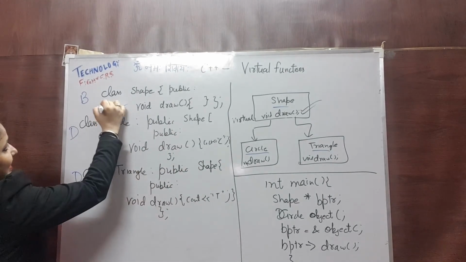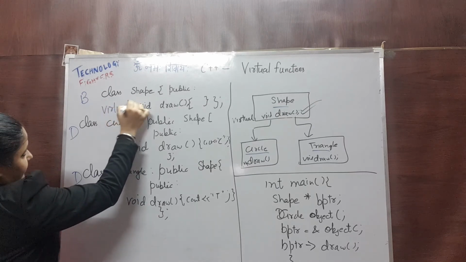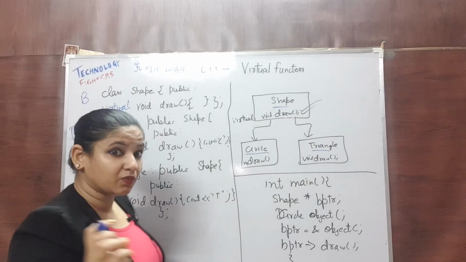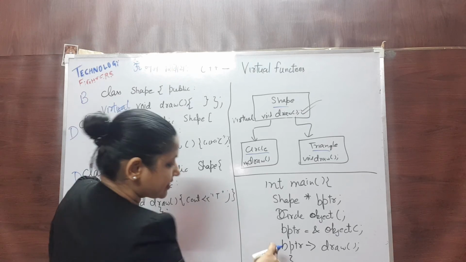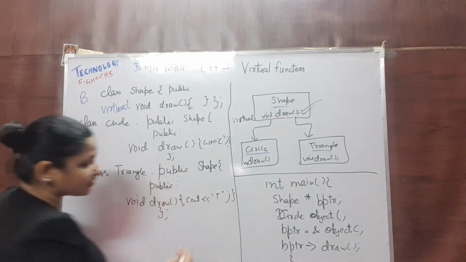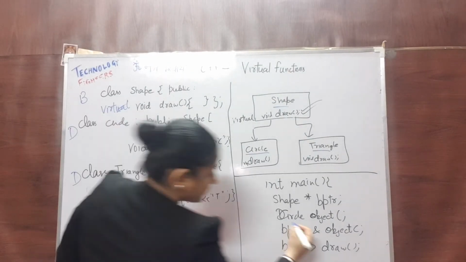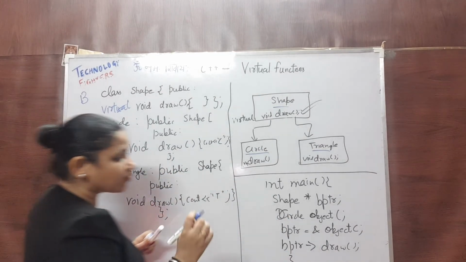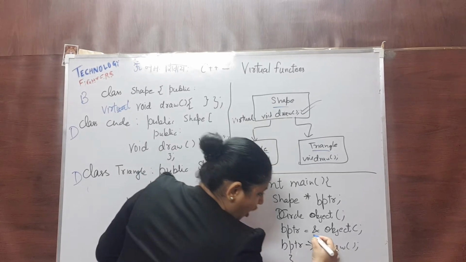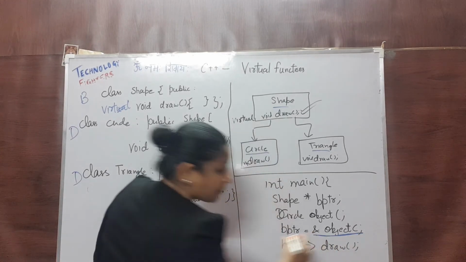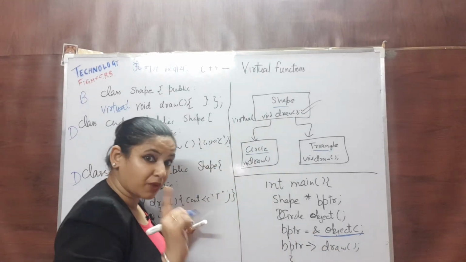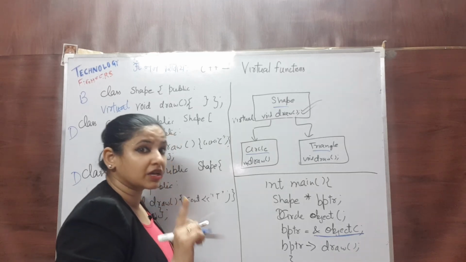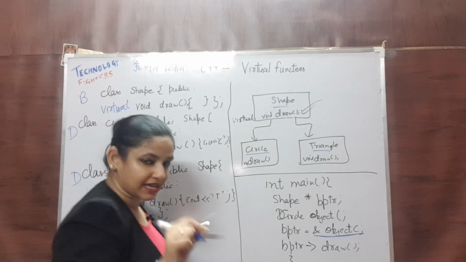But if I add the keyword virtual here, then in this case, which function will be executed? At runtime, C++ will see the object to which it is pointing. So currently it is pointing to an object of class Circle.